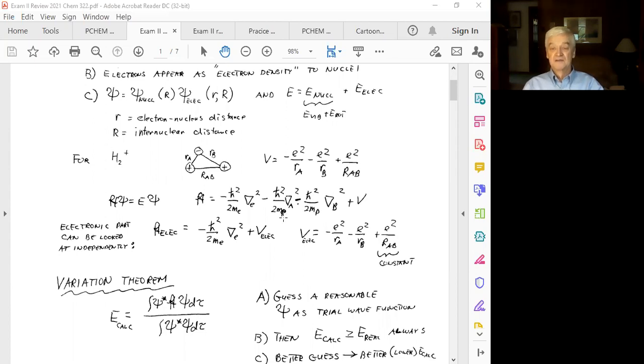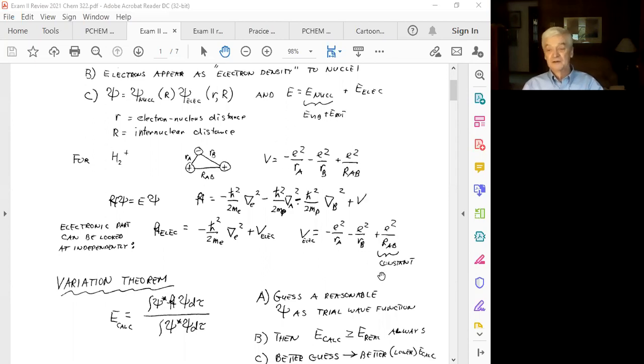The masses of the protons are heavy, which makes these even smaller. The motions of the protons, the nuclei, are slow, and so these derivatives are small. So when we solve the quantum mechanical problem, this is the Hamiltonian we solve for. But notice that the potential energy still stays the same.